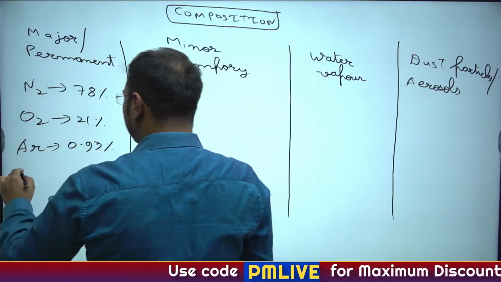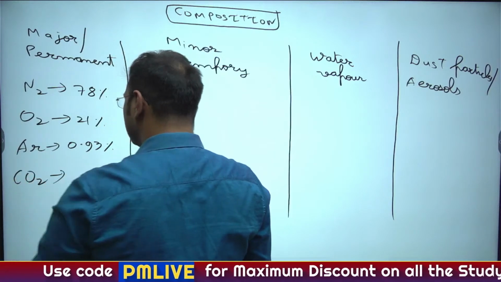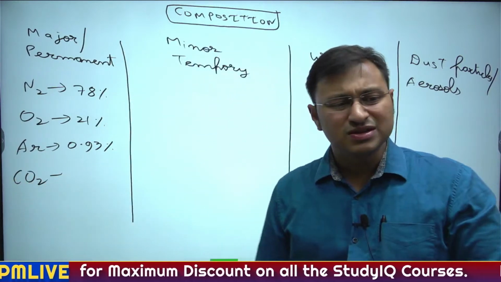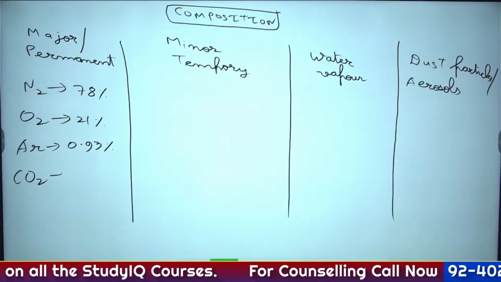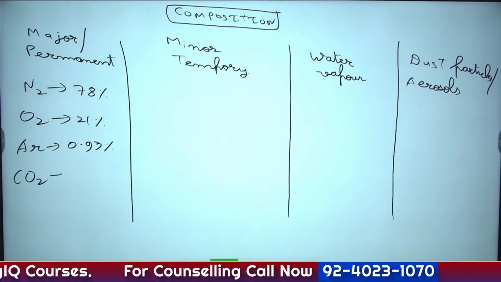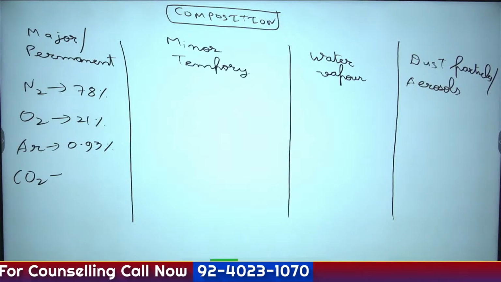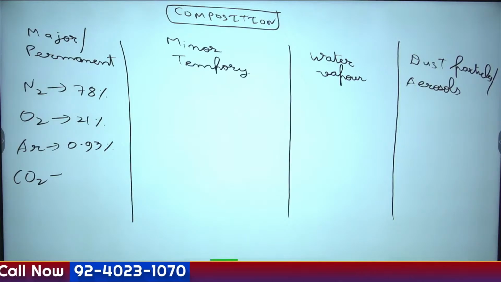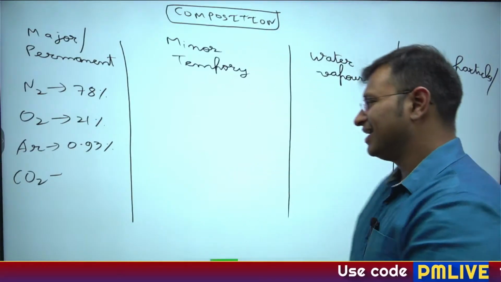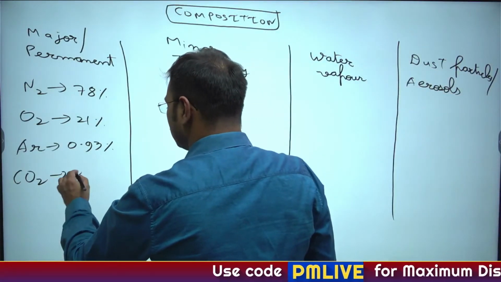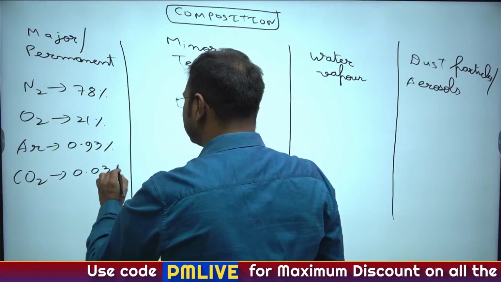barely 0.93%. And if I'm talking about CO2, how much is CO2? Can anybody guess? If I'm stepping outside the frame, can anybody tell me what percentage of CO2 we have in the atmosphere? Anyone? The percentage of CO2 is barely 0.03%.